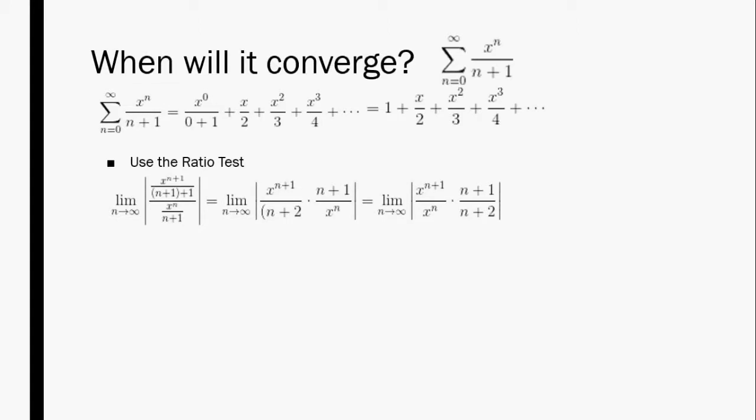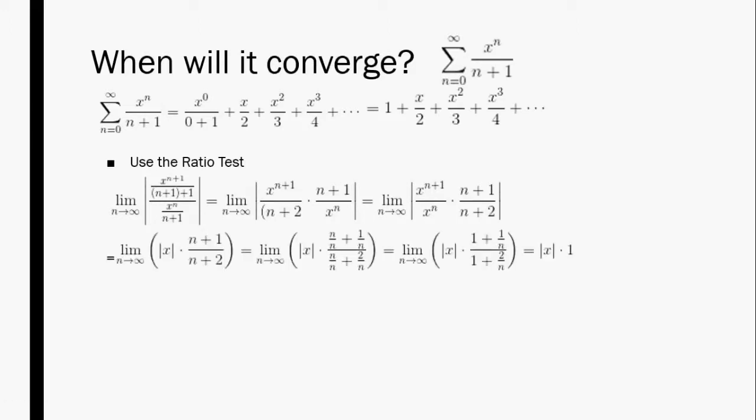I'm taking the limit of that quotient, so I flipped the second fraction because dividing by a fraction is the same as multiplying by its reciprocal, and then I resorted the two pieces. I took the x to the n plus 1 part and wrote it over the x to the n, and the n plus 1 portion I wrote over the n plus 2. So I've got the n's and the x's together.